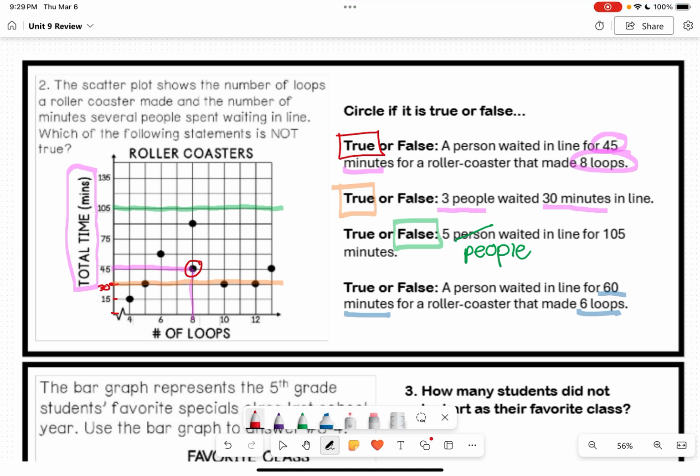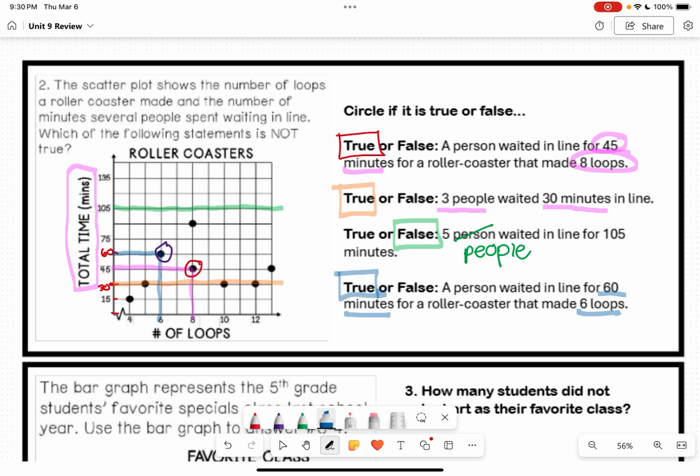So this is 15, 30, 45, 60. This line right here is 60. So we're looking for 60 minutes and 6 loops. So here's 6 loops. Here's 60 minutes. Does it show 1 person there? Yep, it sure does. So this is true.